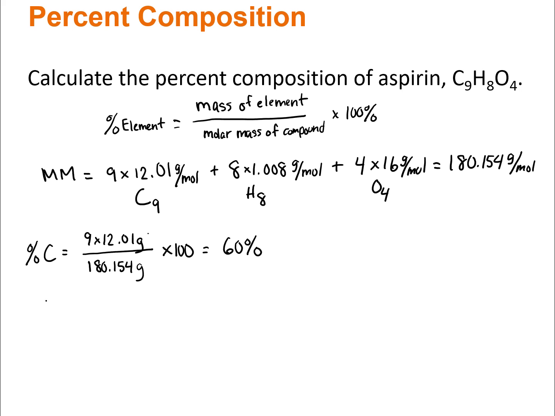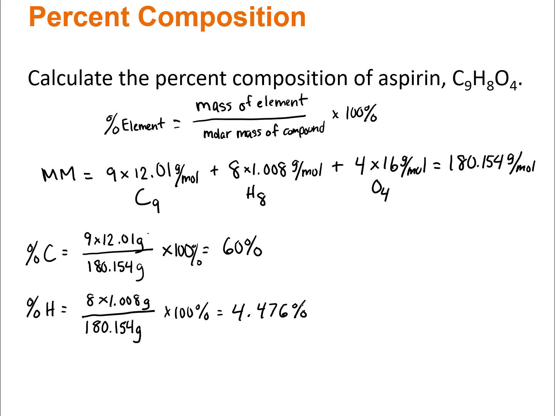So you should have about 60% for your carbon, somewhere in the ballpark of 4.5% for hydrogen, and somewhere around 36% for oxygen. I'm not going to be too big on sig figs here.